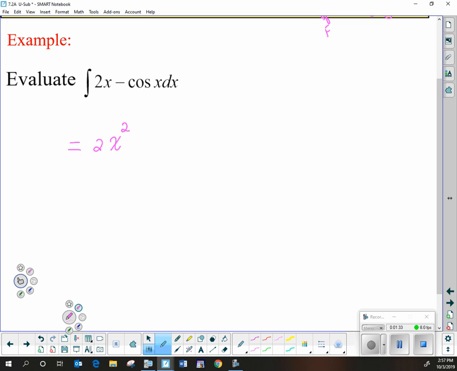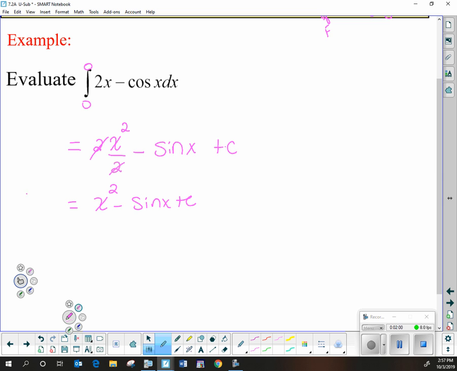I had 2x, so I'd have 2 times x squared divided by 2 minus the integral of cosine is sine x. And then I'd have my plus c, since it was an indefinite integral, no bounds on my integral. 2 over 2 will cancel and give me x squared minus sine x plus c.